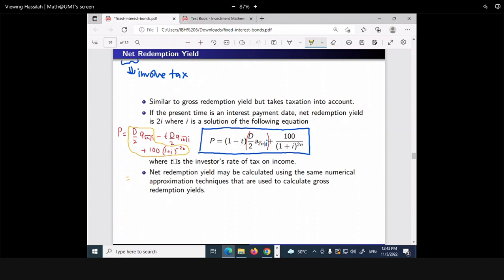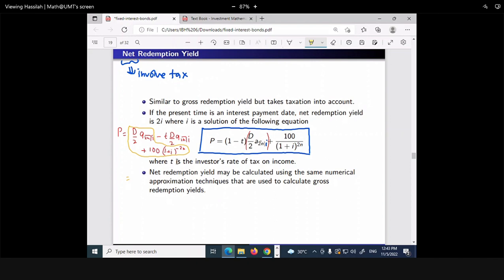Oh okay, I understand. You mean due to the timeline or structure of payment, the 100 or par value is at the end of the period, so we do not consider it subject to any tax.